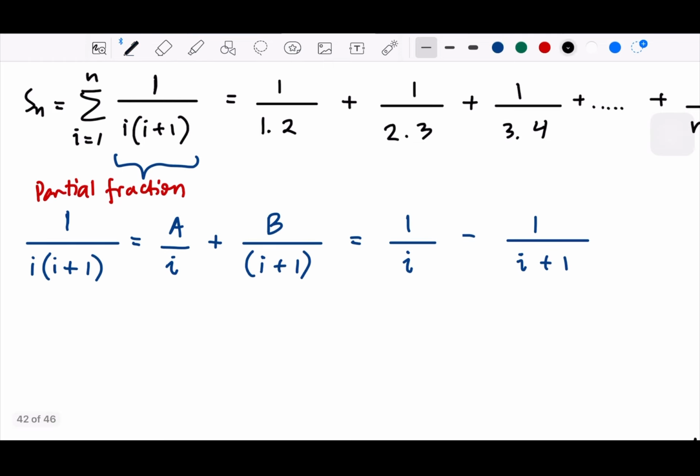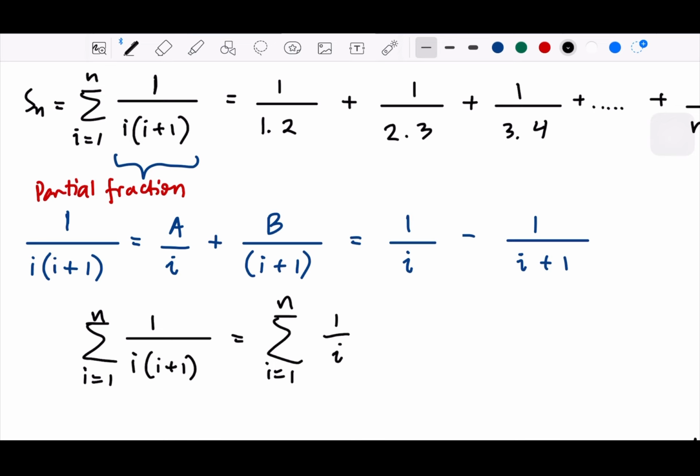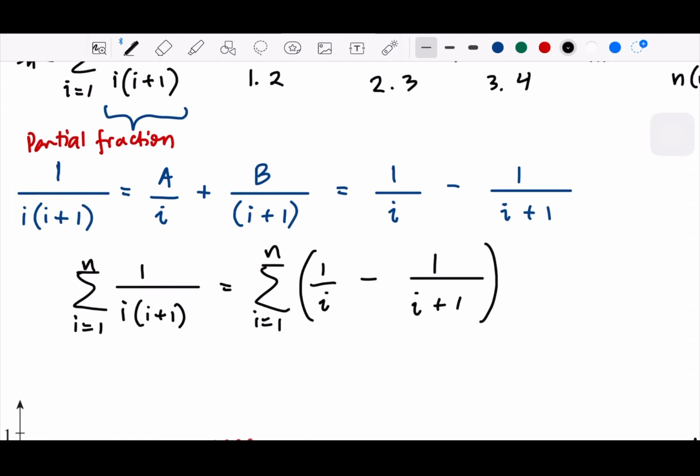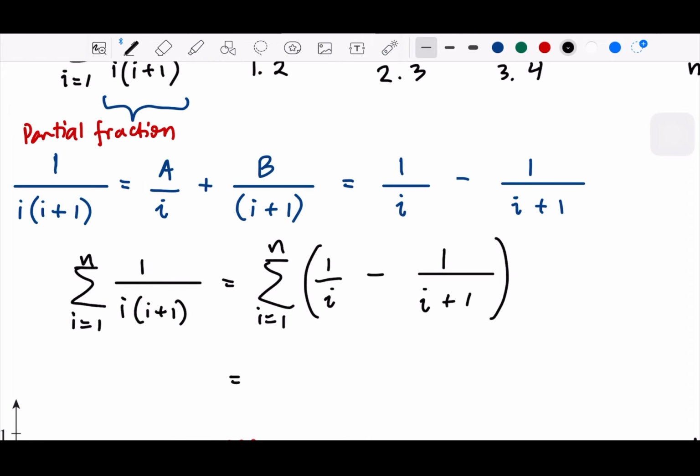So now for this sum, we decompose the fractions and write in terms of 1 over i minus 1 over i plus 1. Let's see whether we could have more simplified patterns.